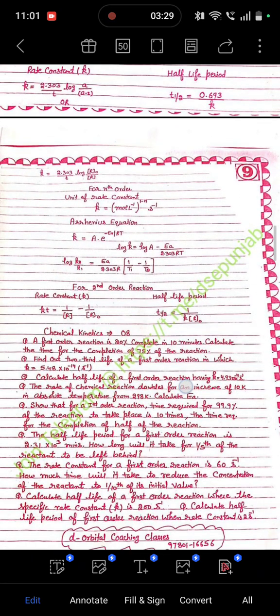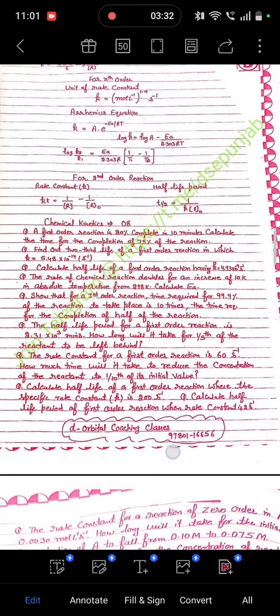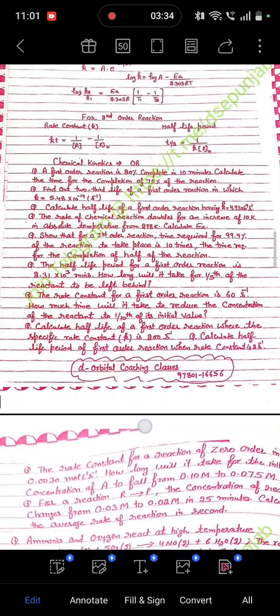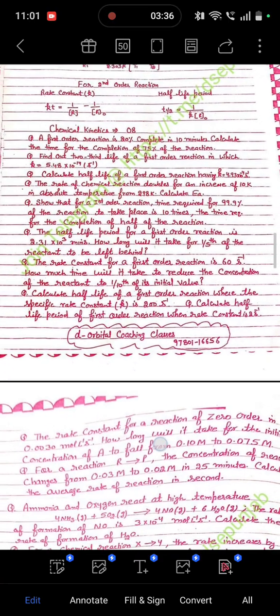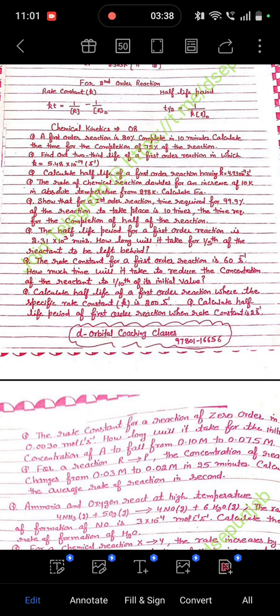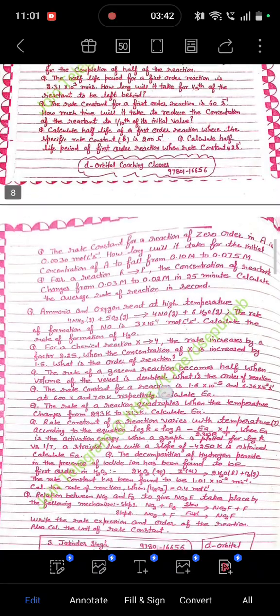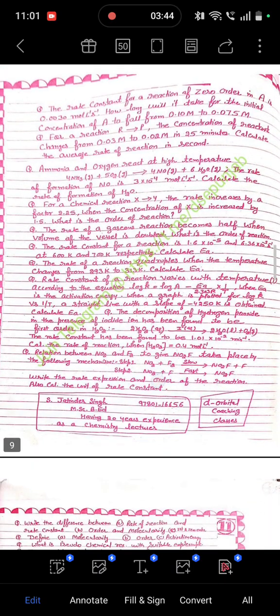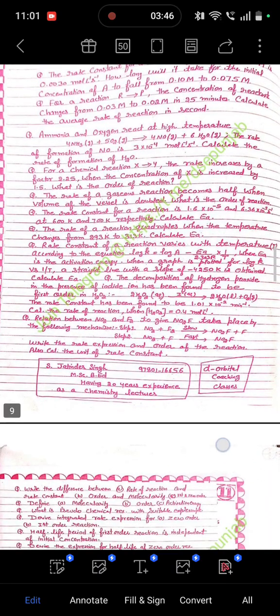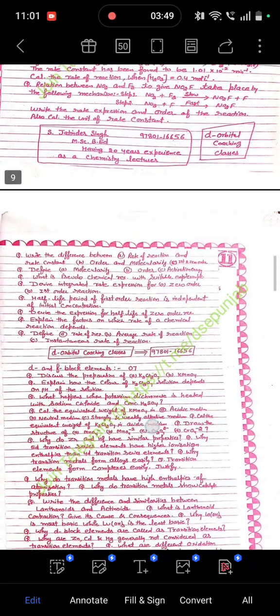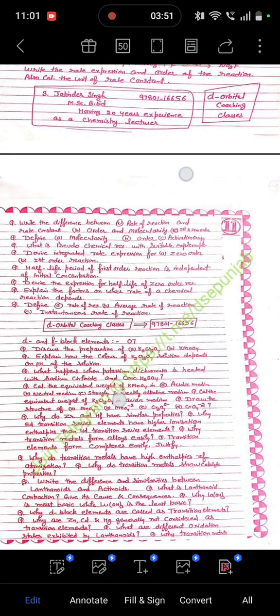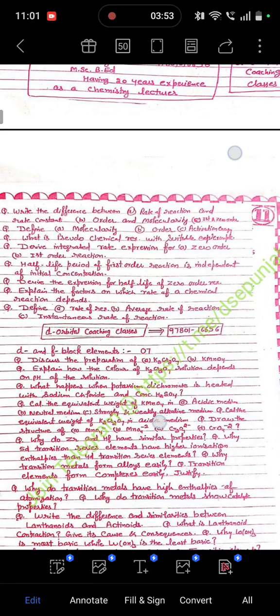Here are chemical kinetics, total 8 marks. Here are some of the most important numericals from chemical kinetics. Now here are some theory based questions.